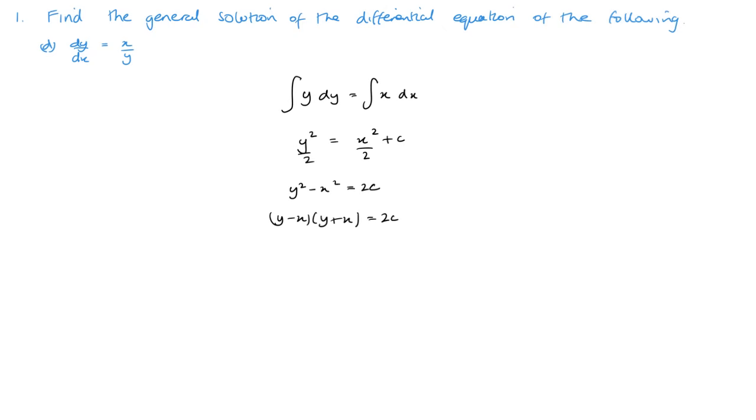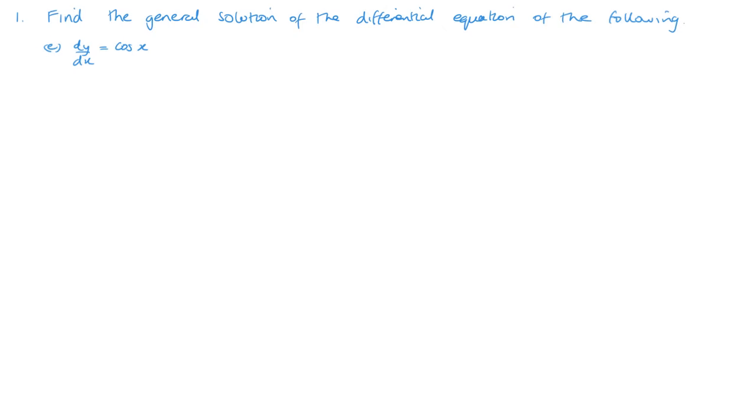So that is D. Let's have a look at E. So dy stays there, and we've got cos x dx. Cos differentiates to minus sine, so it integrates to positive sine, plus c.